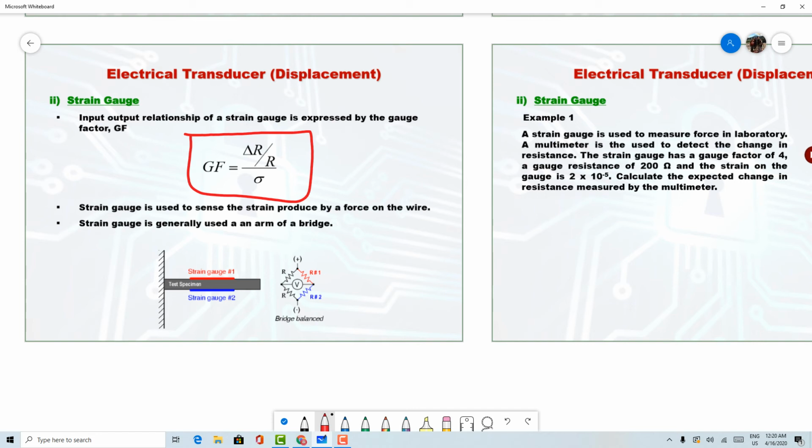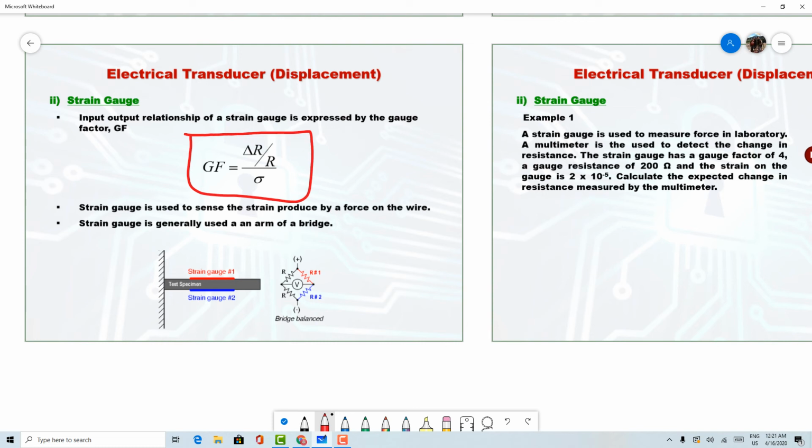You can see from the bridge figure there that one of the arms is replaced with a strain gauge. So hopefully everybody can follow our discussion on the strain gauge.